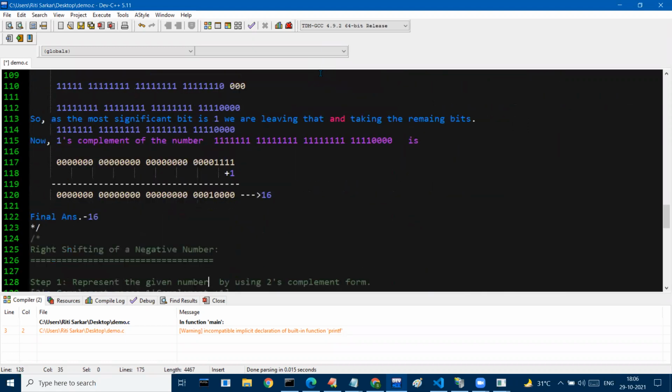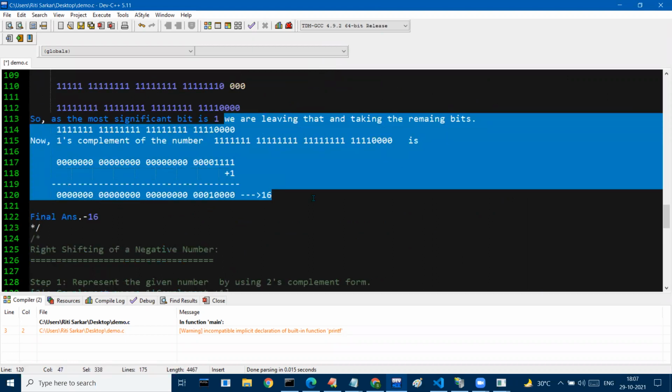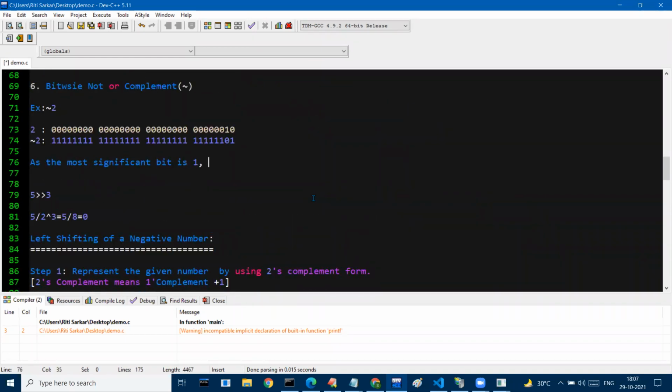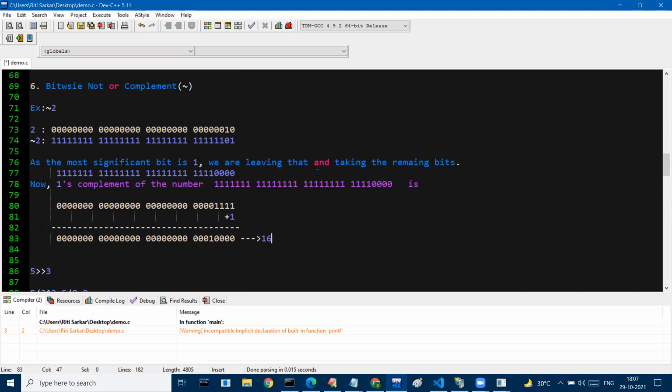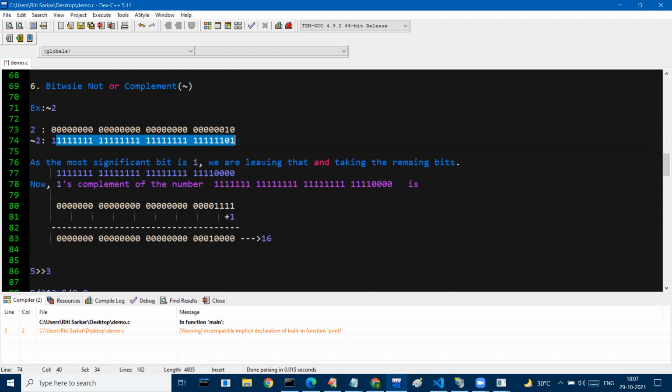As the most significant bit is 1, we leave that and take the remaining bits, up to this.